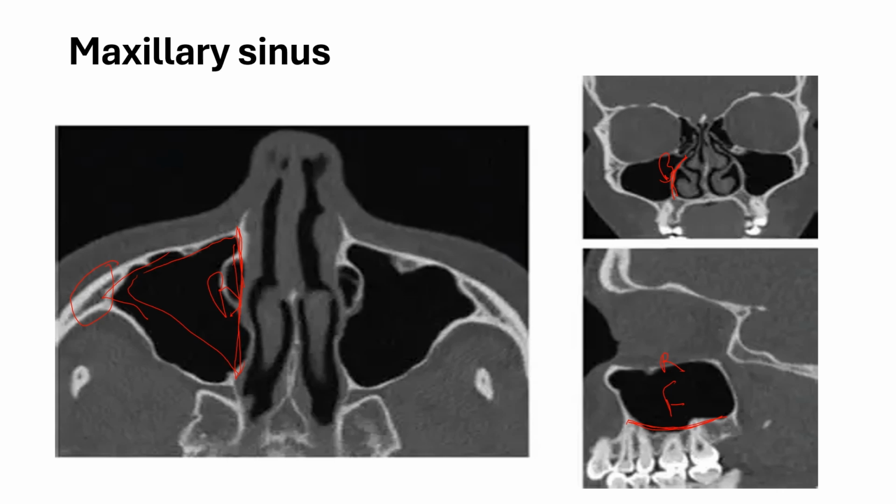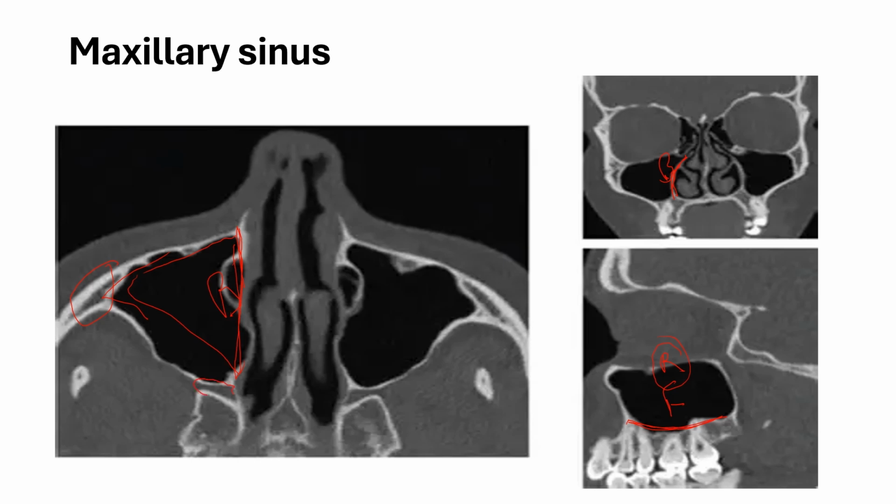So this is the base, the lateral nasal wall, the apex is towards the zygomatic process, the floor is formed by the alveolar process of the maxilla, and the roof is formed by the floor of the orbit. The posterior wall of the maxillary sinus forms the anterior wall of the pterygopalatine fossa.